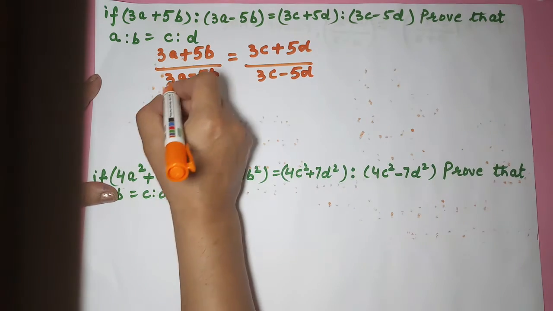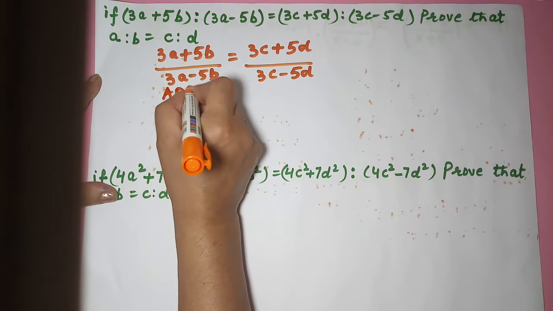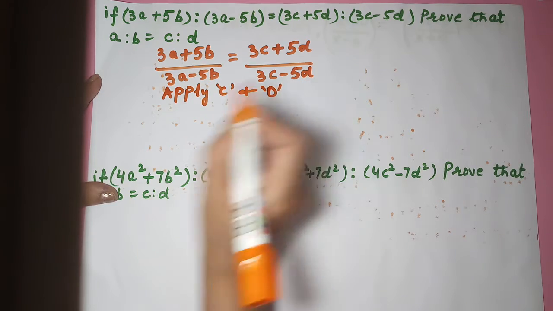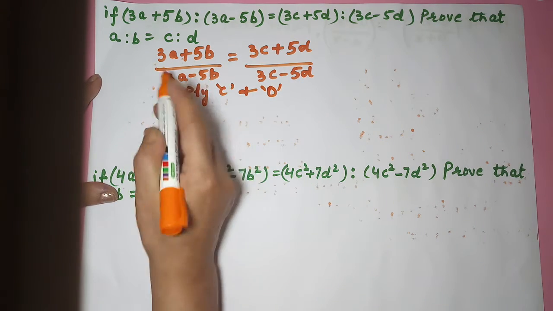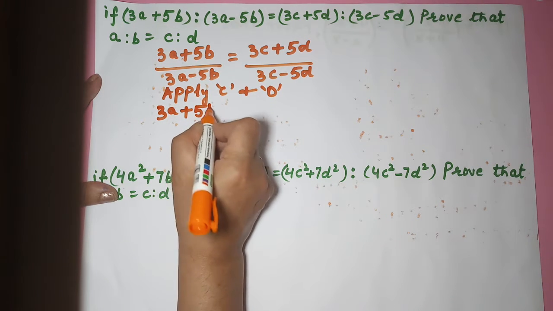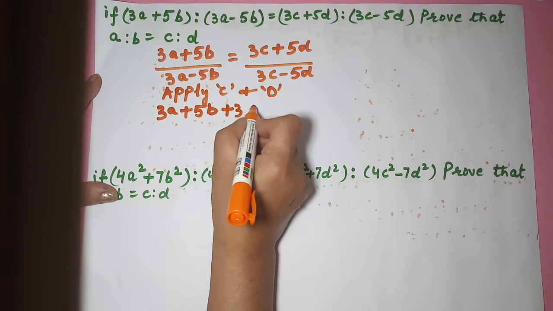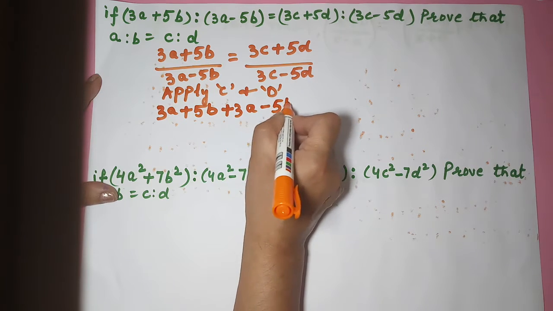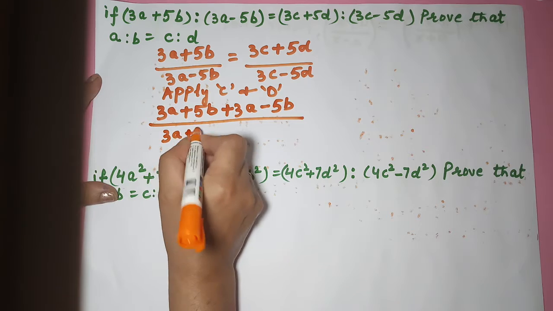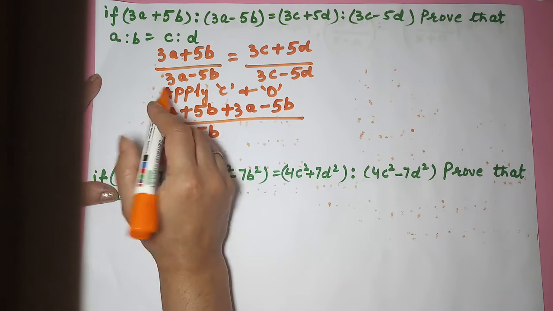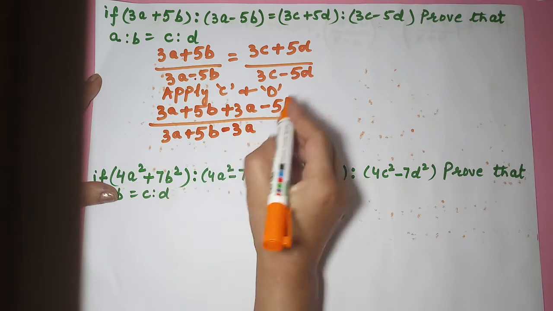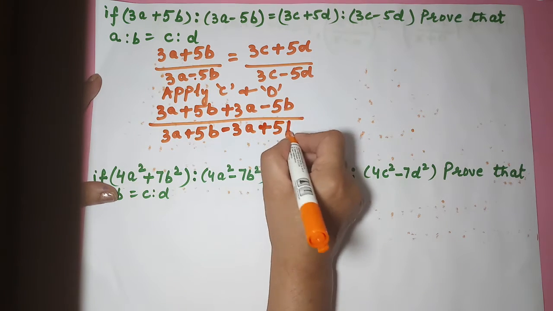Again I will apply componendo and dividendo here. So what will I get? Numerator, this time I have two terms in the numerator, 3A plus 5B, plus denominator, plus 3A minus 5B, divided by numerator, which is 3A plus 5B, minus denominator, so minus 3A, minus and minus becomes plus 5B.